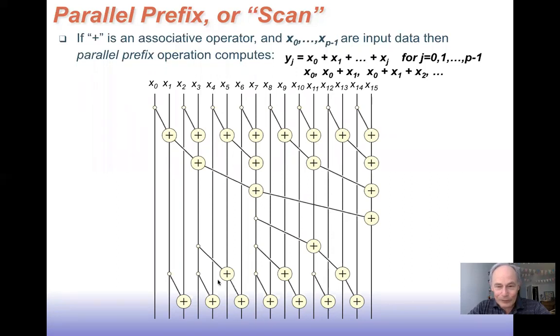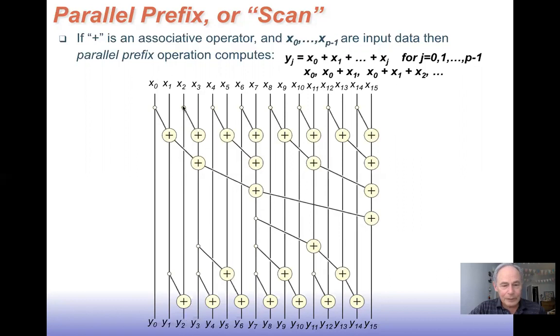There are different versions of this. There's the y values. Here's a particular way of doing a parallel prefix or scan operation. You can see how this works. So y0 is just x0. y1 is x0 plus x1. y sub 2 is x0 plus x1 plus x2, right?